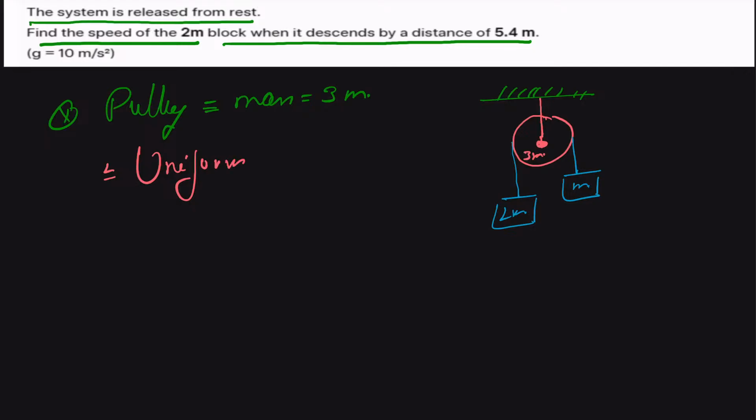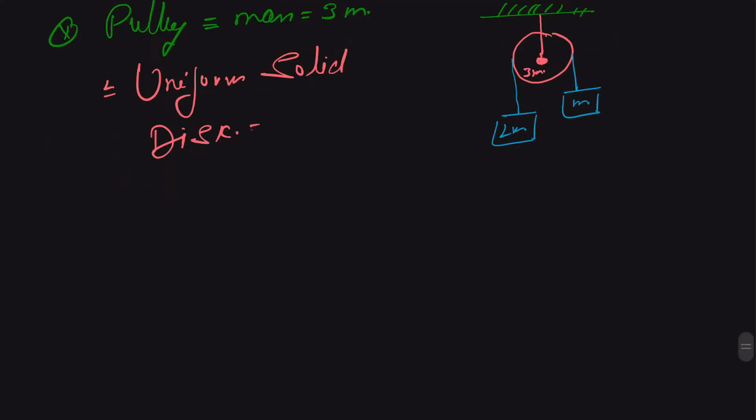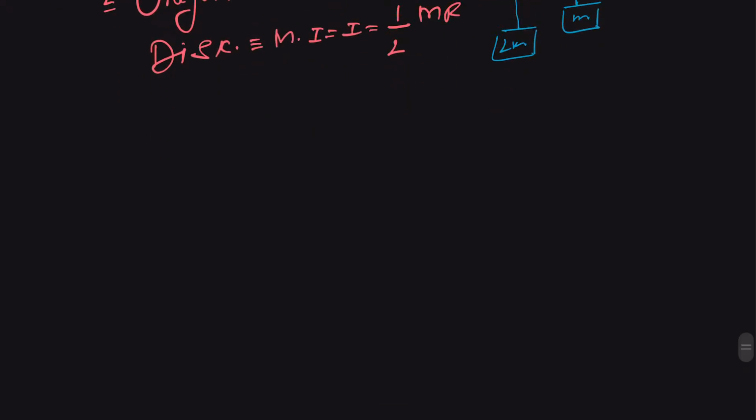We can write its moment of inertia, suppose it is I, as 1 by 2 mr square. Therefore the moment of inertia of the pulley is I equal to 1 by 2 times 3m r square, which comes as 3 by 2 mr square.